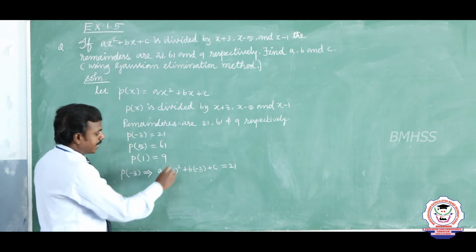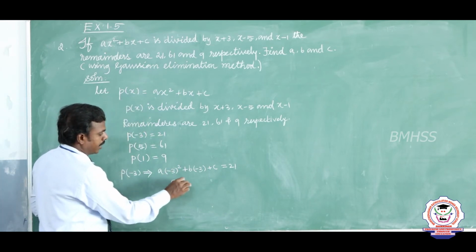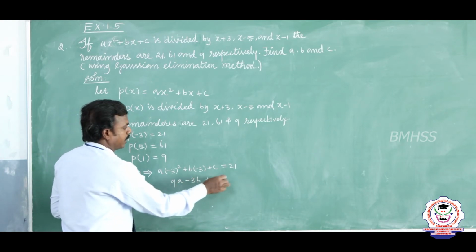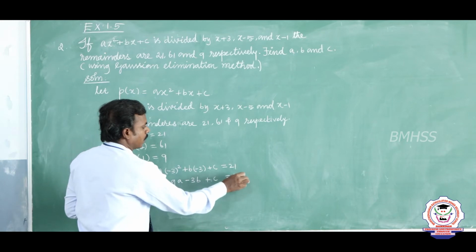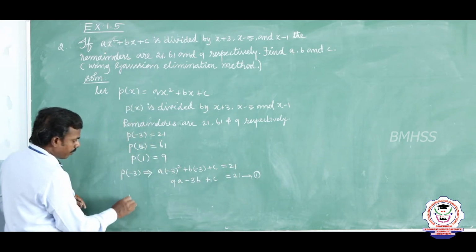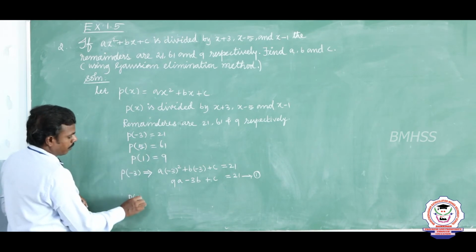Minus 3 square is 9. From this we can write 9a minus 3b plus c equal to 21. This is the first equation.